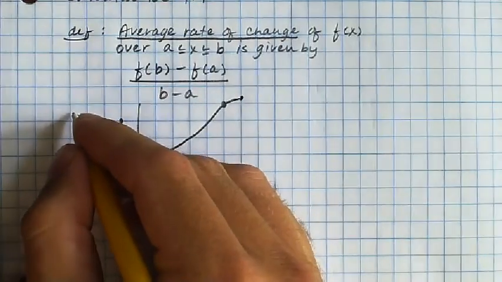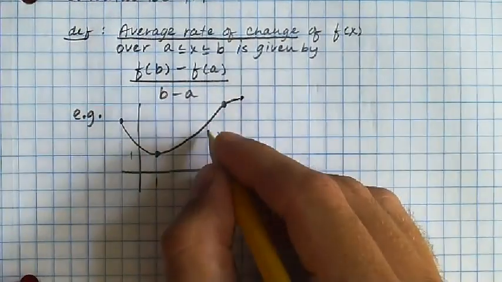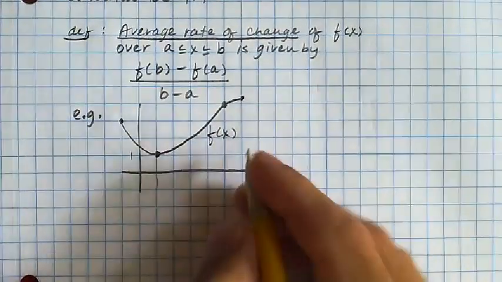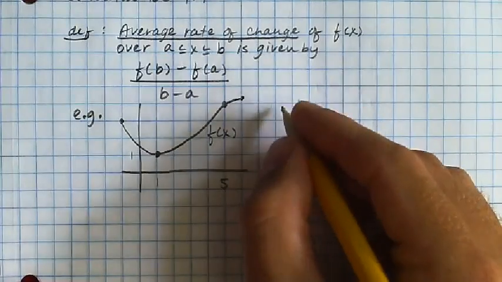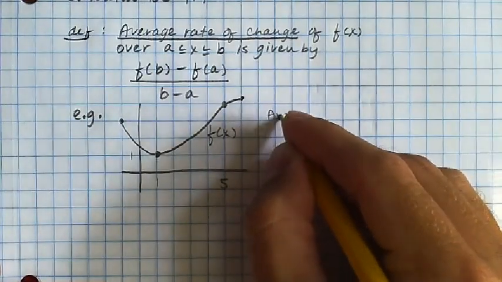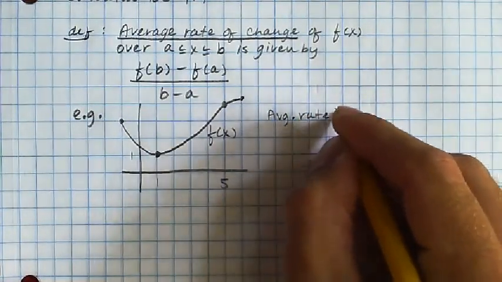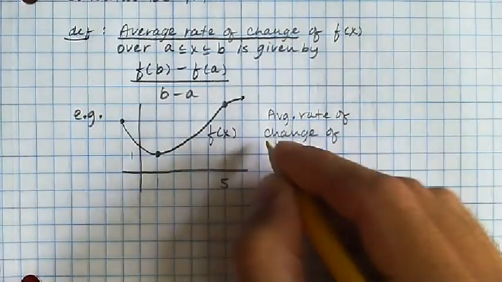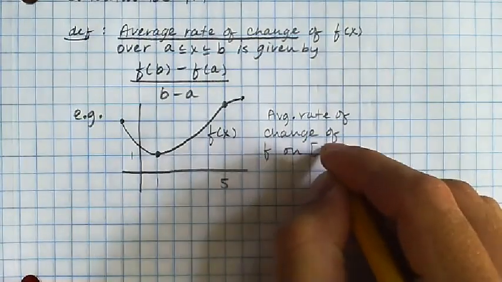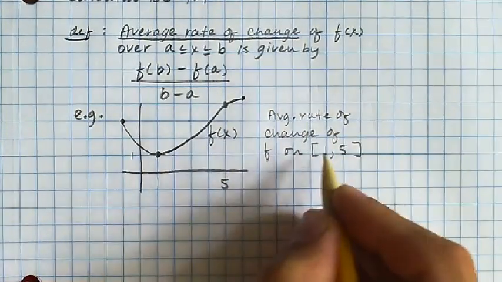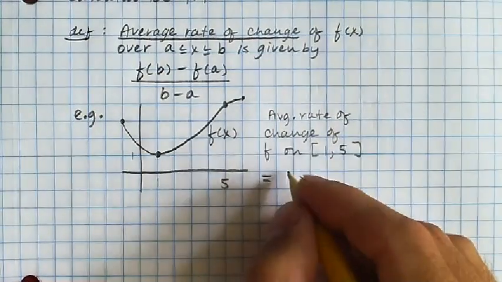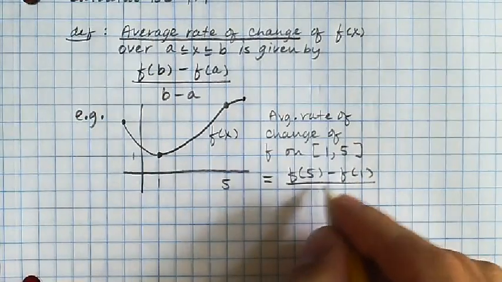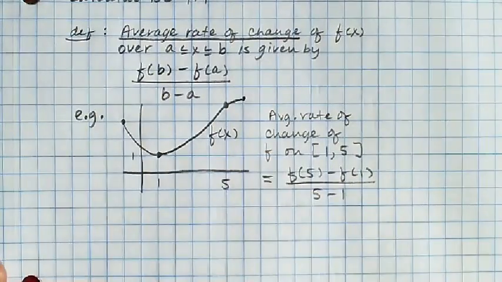So if this is the graph of f, the average rate of change of f over the closed interval 1 to 5 is going to be f of 5 minus f of 1 over 5 minus 1.